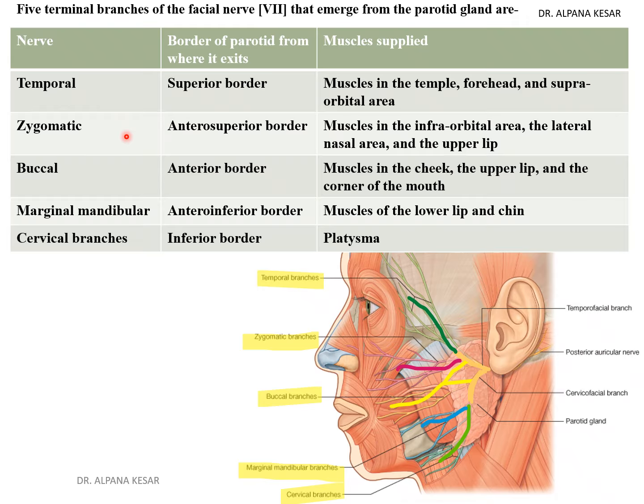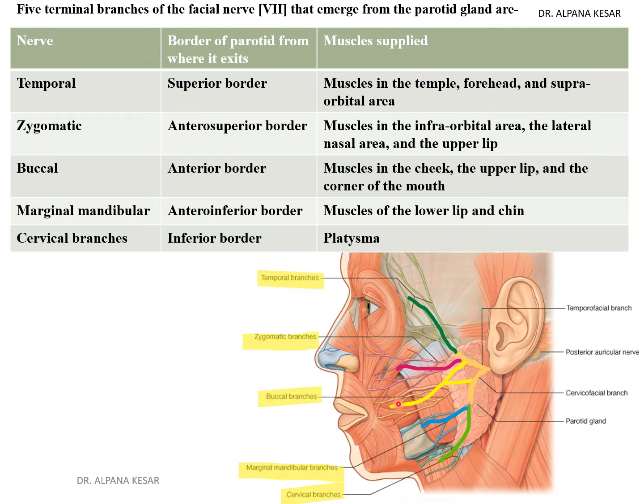The zygomatic branch supplies the muscles in the infraorbital area, lateral nasal area, and the upper lip. Zygomatic branch supplies the oral elevators, lower part of the orbicularis oculi, and some of the muscles of the nose. Buccal branch supplies the muscles of the cheek, upper lip, and the corner of the mouth.